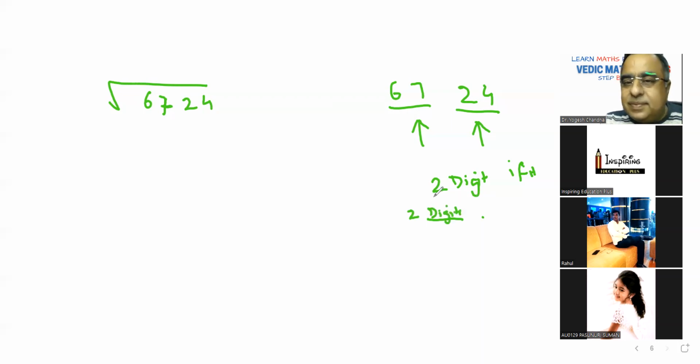So the number of pairs will decide the digits of the answer. Two pairs means two digits. If perfect, then only two digits. If not perfect, there will be two digits before the dot and the rest will come after it. If it is perfectly divisible, then only two digits will come in the divisor. If it is not divisible, the dot will come after that. Got it?